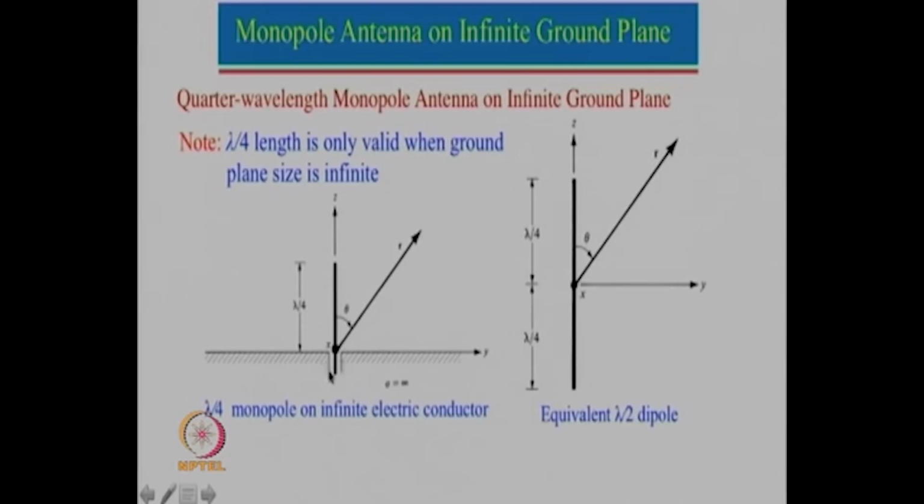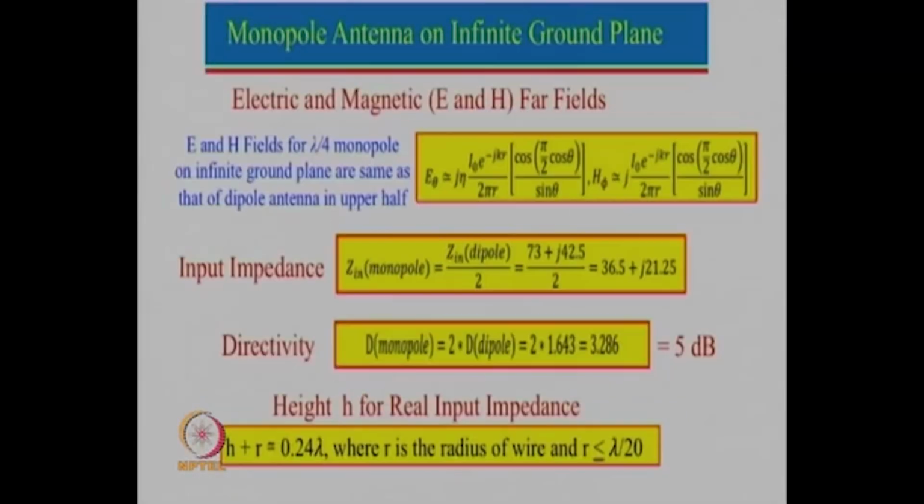The ground of the coaxial feed can be connected over here and the center pin will feed the monopole antenna. So we need only a lambda by 4 monopole antenna on an infinite ground plane, and this is the equivalent configuration of a dipole antenna. Now for the monopole antenna on an infinite ground plane, all the characteristics which are applicable to the dipole antenna are applicable here also.